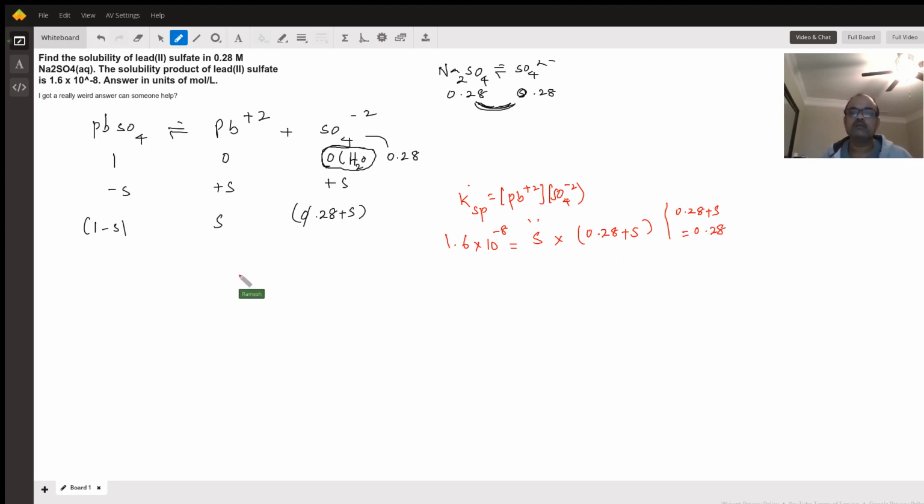So 1.6 times 10 to the negative 8 is equal to molar solubility times 0.28.